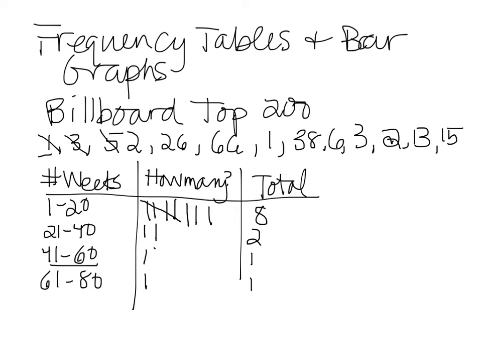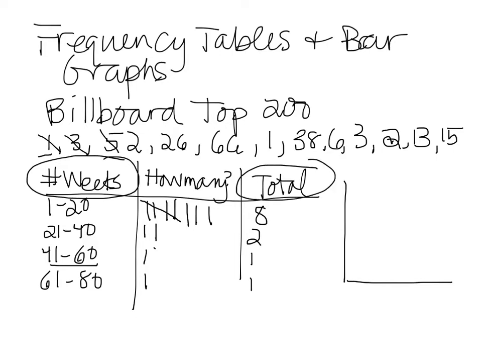We can then take this information and put it into a bar graph. We have to first decide what information, these are the two things that we want to put in our bar graph. Which of these is the independent variable and which is the dependent variable?